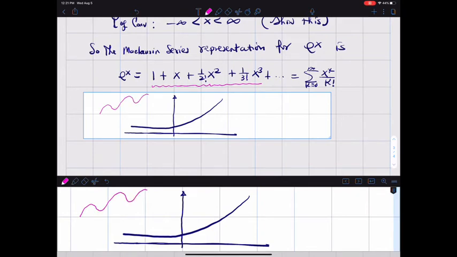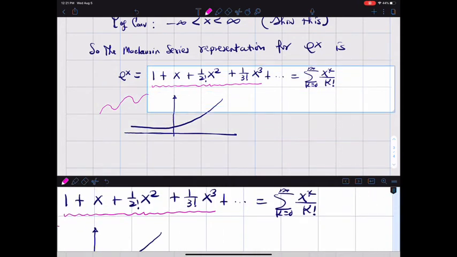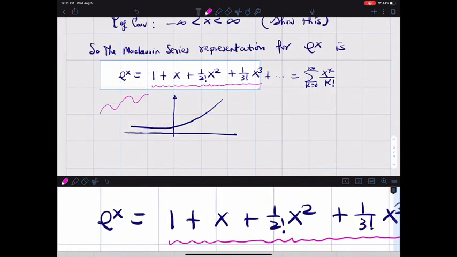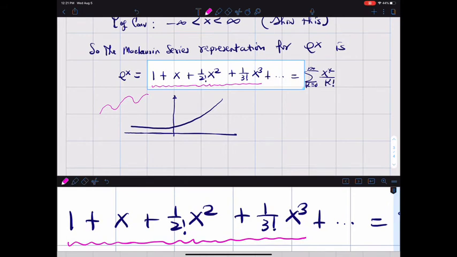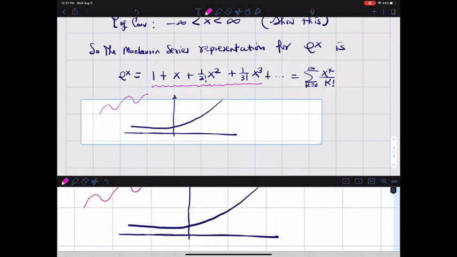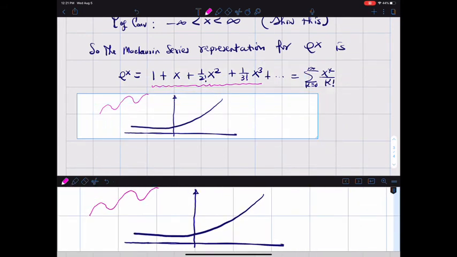But if you take all the terms, assuming you're able to sum all the terms up to x to the power of infinity, then you're going to get a polynomial like this, and it's approximating this function. It's going to be very smooth and approximate the function. So that's how we approximate a function like e to the x with a polynomial.